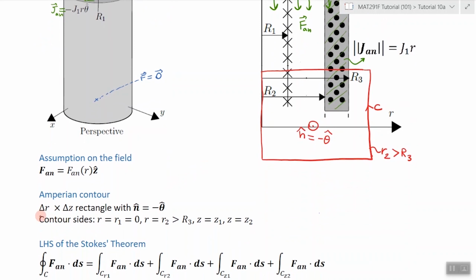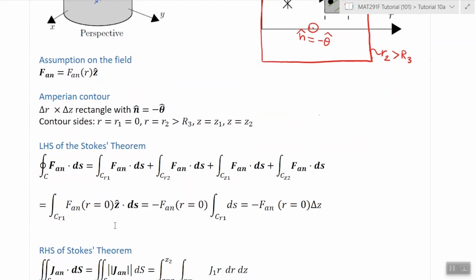Okay, so again, the dimensions of the contour are delta r by delta z. The size will go from r equals 0 to r equals R2, it doesn't matter what R2 is as long as it's greater than R3. So that this side passes outside of the annulus, and the z coordinates are arbitrary.